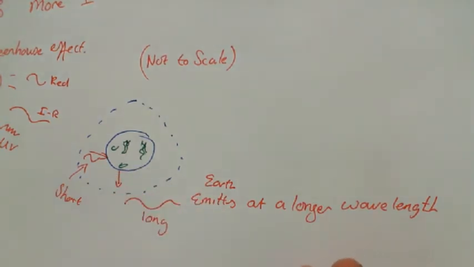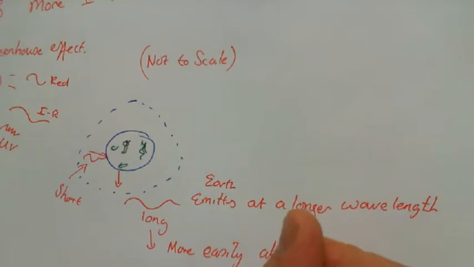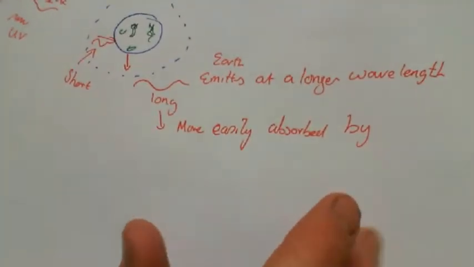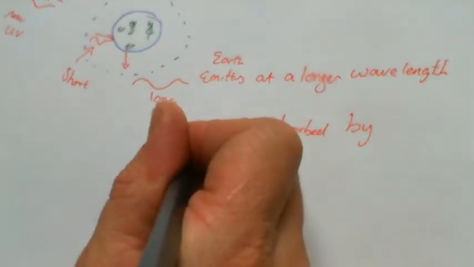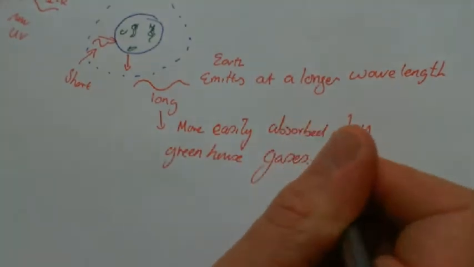And that's important because this long wavelength is more easily absorbed by greenhouse gases than the short one was.